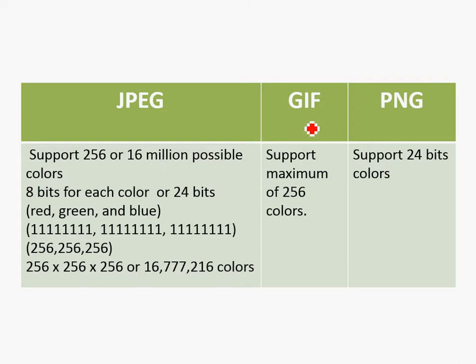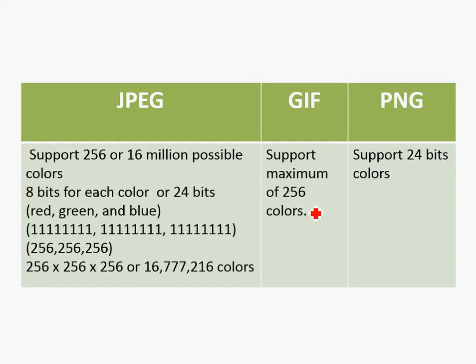Now next is GIF. The property of GIF is that it supports a transparent background. It is mostly used, basically the most widely used image format in web designing. The color for GIF is only 256 colors.